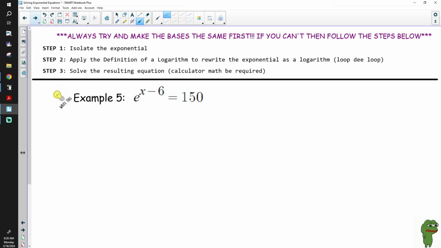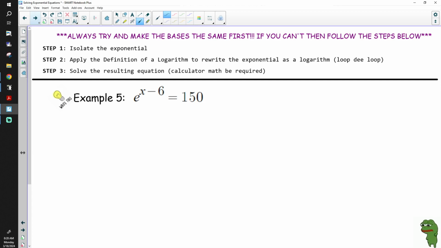Next. Alright, we have e to the power of x minus 6 equals 150. Again, the goal here is to find the value of x. X equals something. What is the base on the left side of my equal sign? E is the base. On the right side, my base is 150.